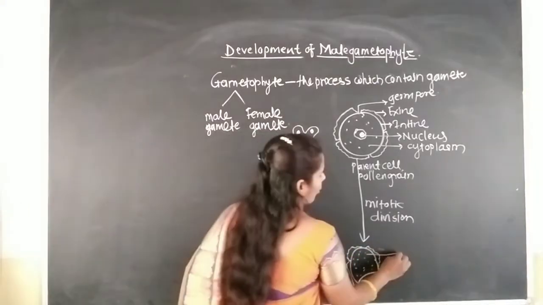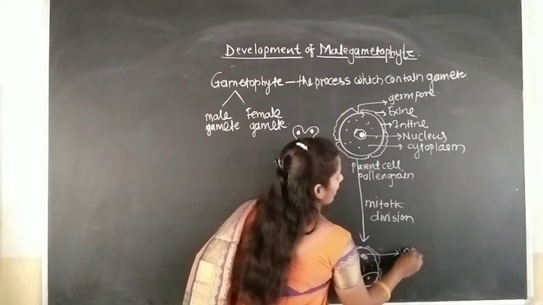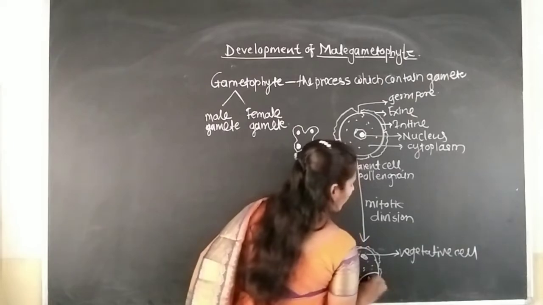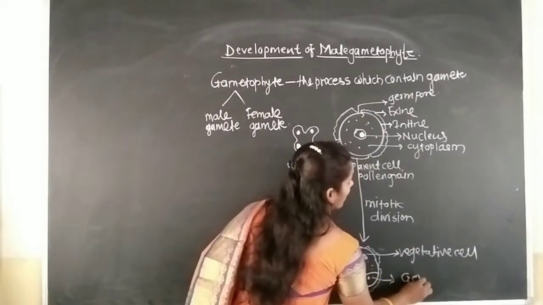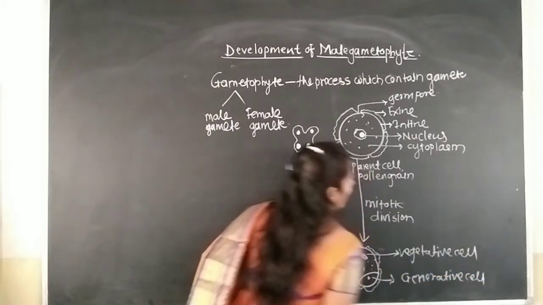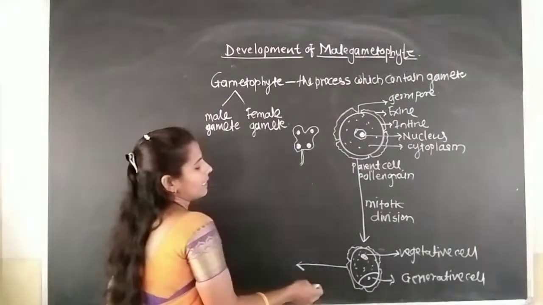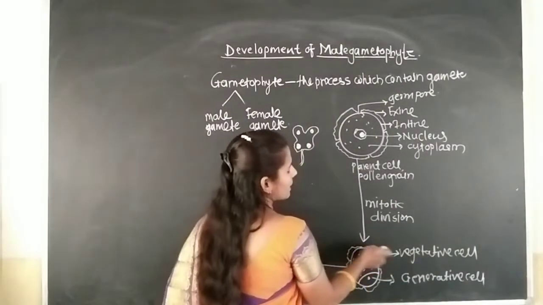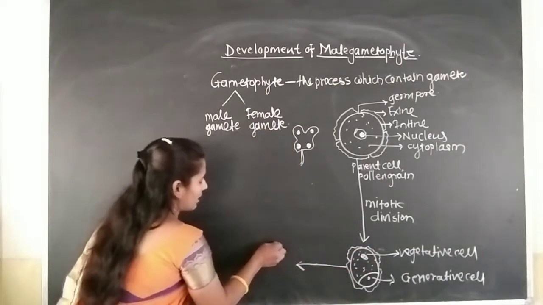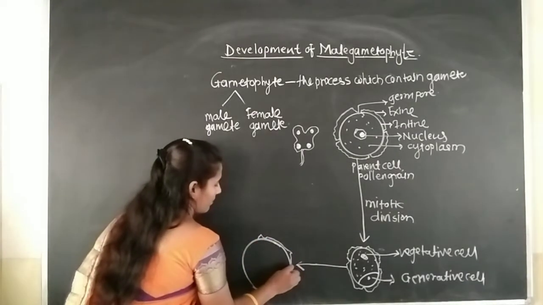This large one is called the vegetative cell, and the small one is called the generative cell. Also, the second stage will be formed, and this generative cell is suspended in the cytoplasm of the vegetative cell. That is the formation of this type of structure.